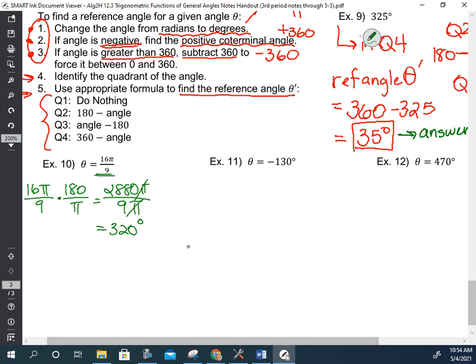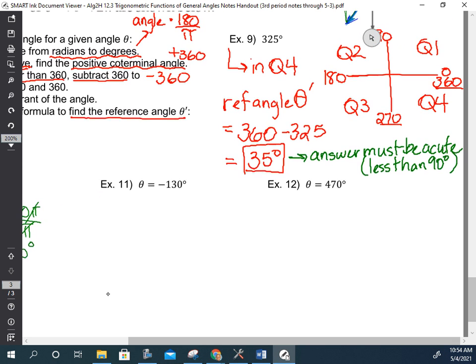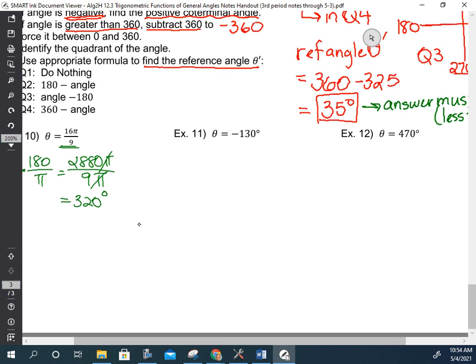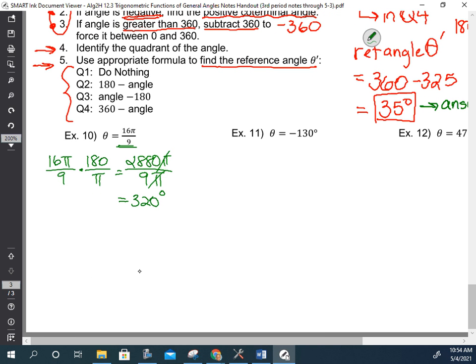Identify the quadrant of the angle. So, once again, to our next little chart, 320 is between 270 and 360. So that means we're operating in quadrant number 4. Since we're in quadrant 4, the reference angle is 360 minus 320, 40 degrees.